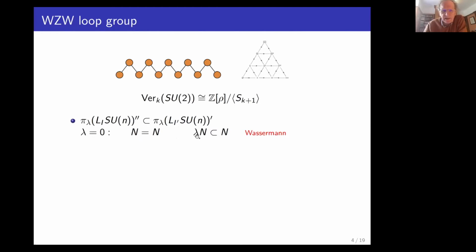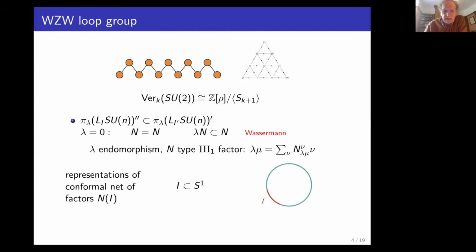Then I can think of these inclusions as being given by an endomorphism of this N, such that this isomorphism, the loop group picture, is given by this inclusion here. So everything can be described in terms of endomorphisms of an algebra N, but now all the vertices are represented by endomorphisms, and so there's a notion of addition, and then all the data of the loop group is encoded in these factors and the endomorphisms.